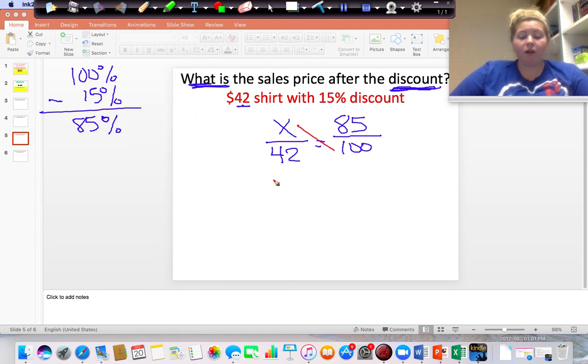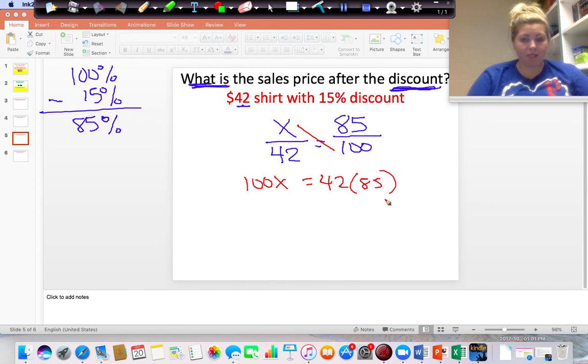100 times x is 100x. 42 times 85 is the other way. 42 times 85. And that gives us 3,570. And we want to divide both sides by 100.